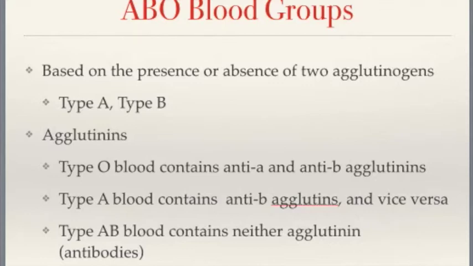Okay, so there's type A antigens and type B antigens. That means there's blood cells with type A markers on them, type B markers on them. They may have type A and B markers on them, or they might not have any markers on them. And all the different types of blood are going to be named based on whether or not they have these, they have some combination of these, or they don't have either of these.